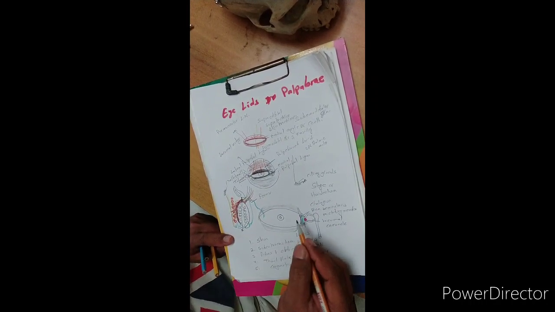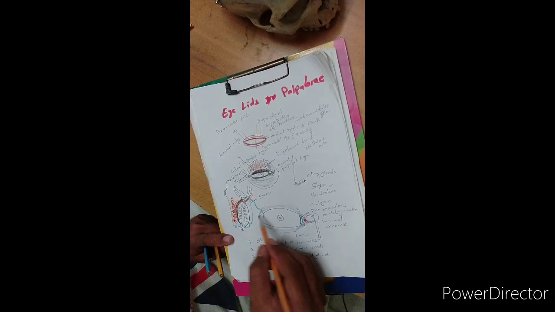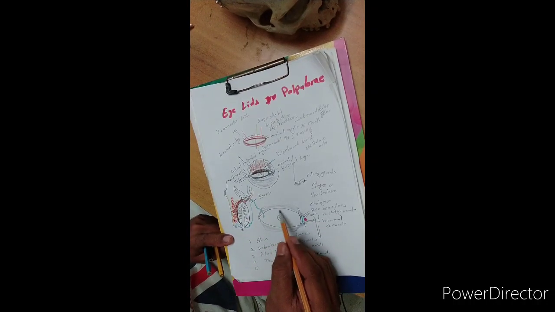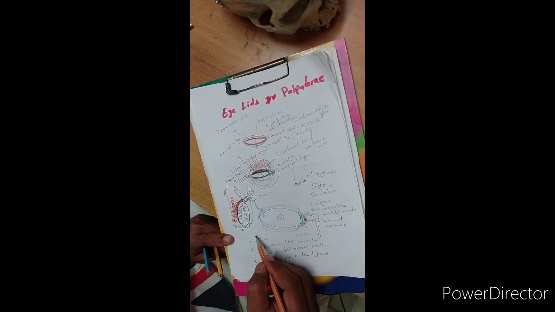So what happens? The palpebral conjunctiva continues with the ocular conjunctiva to form the conjunctival sac here. This is the fornix, the superior fornix, and the inferior fornix is formed as well.